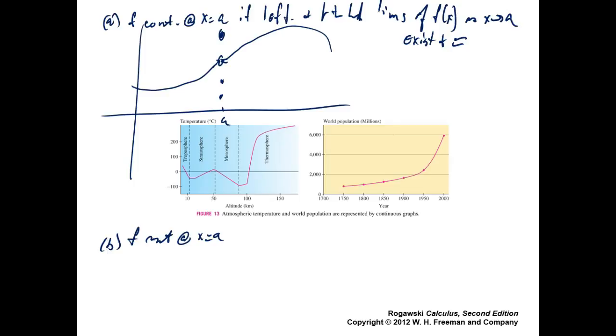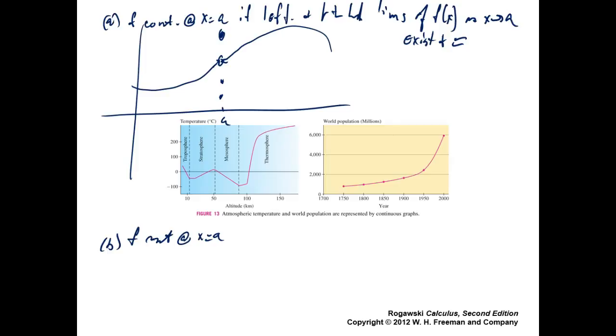All they said before was they both exist and are equal to each other, but this says both exist and are equal to f of a. I think that covers it. This one's true.